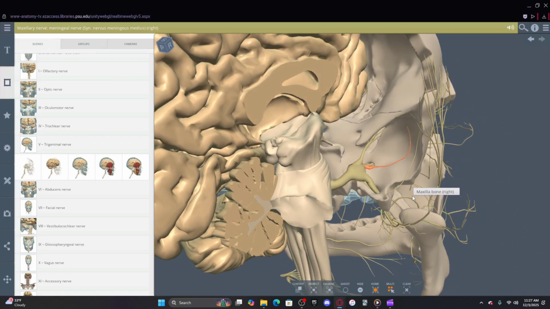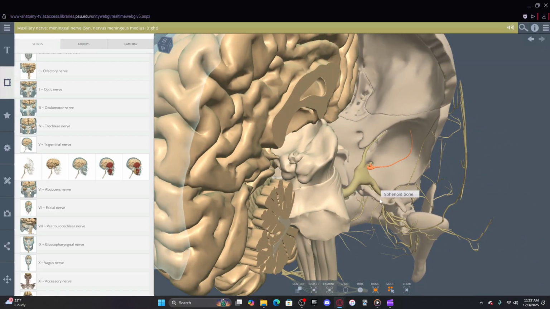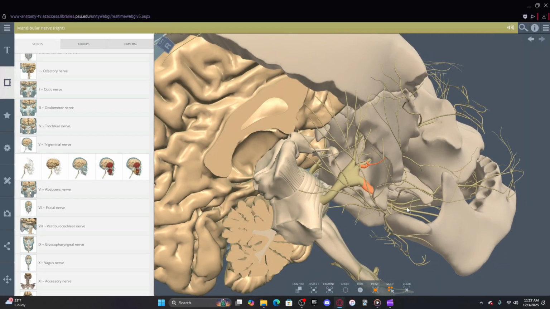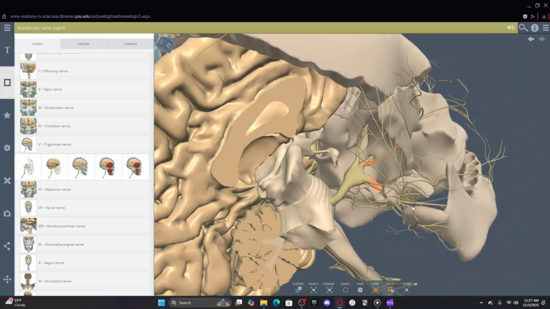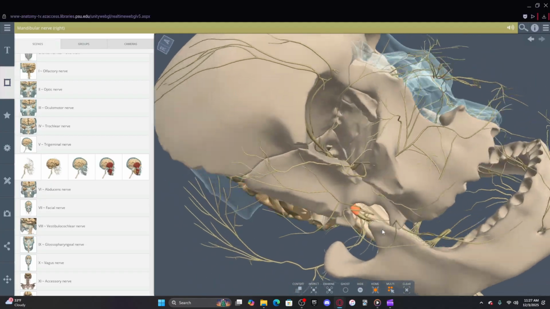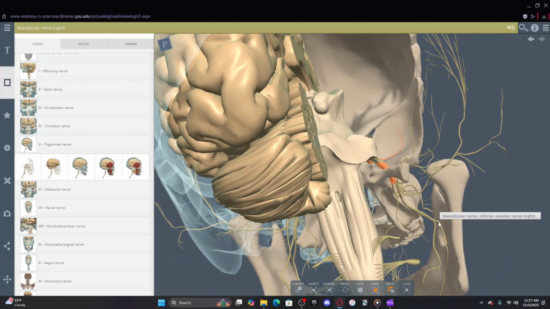And then we have the last branch of trigeminal, which is the mandibular. So mandibular goes through foramen ovale, all the way from foramen ovale to the mandible.